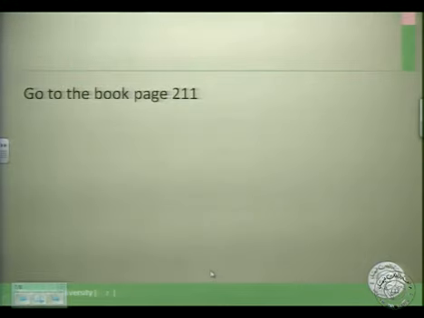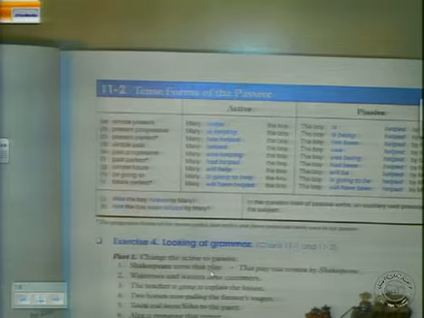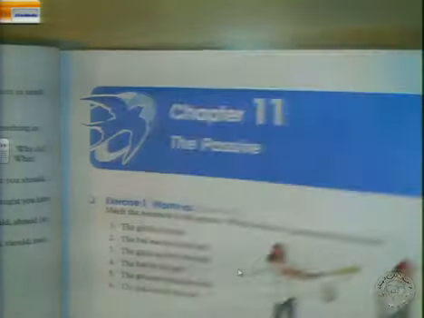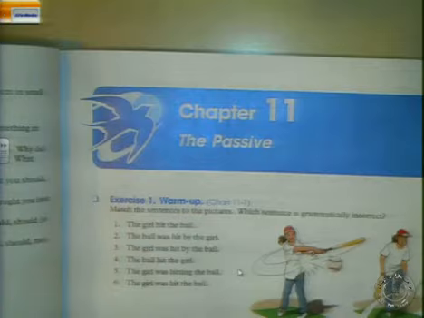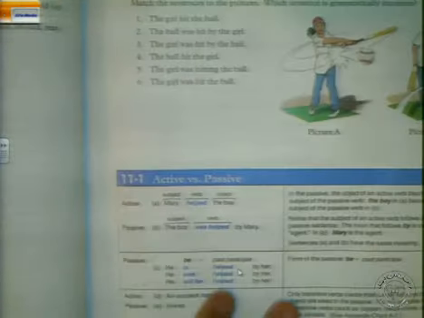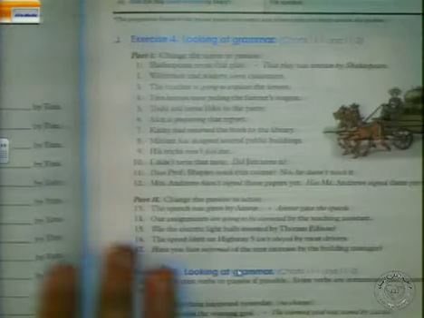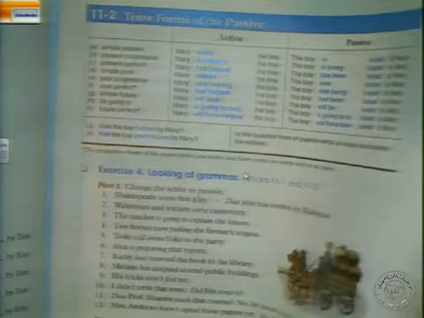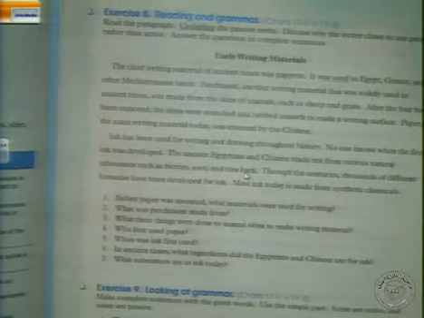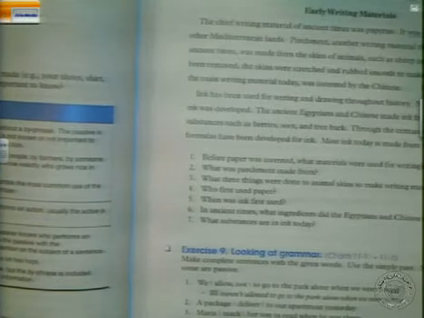So let's go to the book, page 211, where we are going to see the passive voice, chapter 11, page 211. Here you will see what I explained to you, active versus the passive voice, and then on page 213 you will see the table that I just showed to you, and then you will see some exercises on pages 214 and 215.